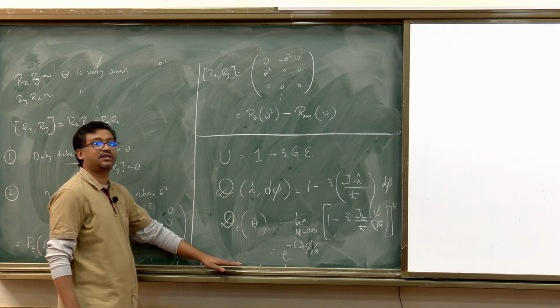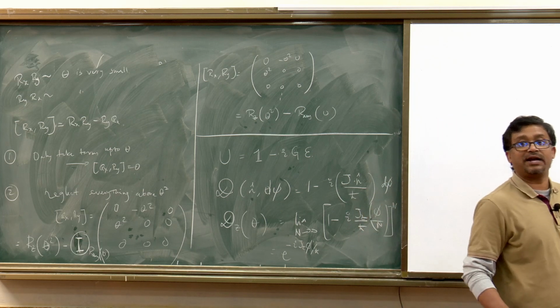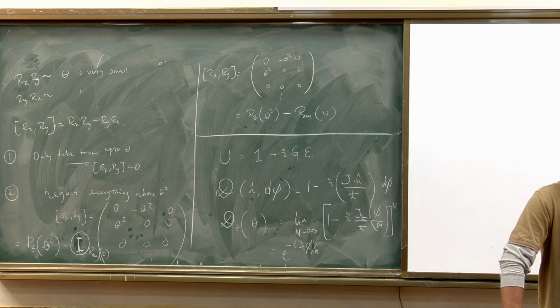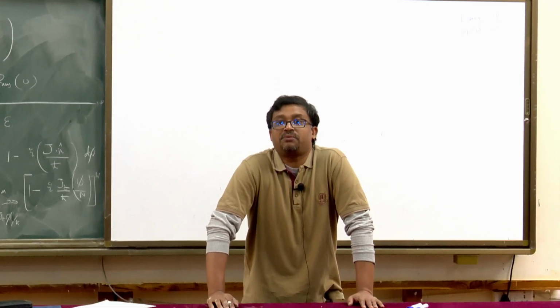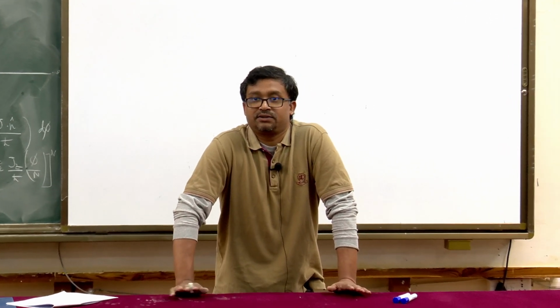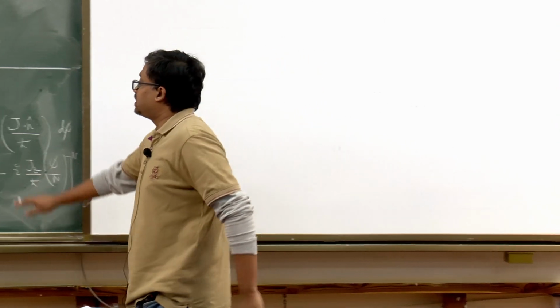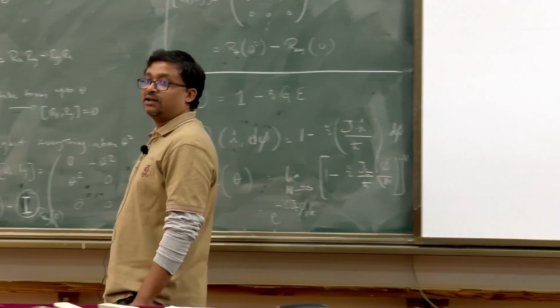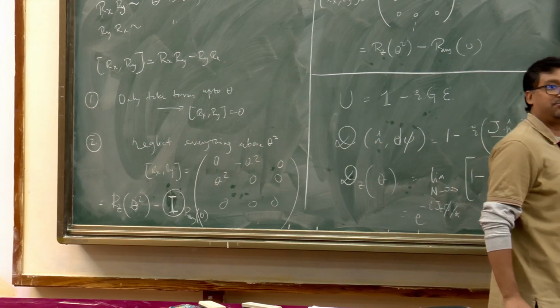You have seen this exponential operator as your evolution operator, same as in time. When you talk about quantum dynamics, evolution in time is e to the power minus i H t by h bar, or minus i H t if you take the h bar out.